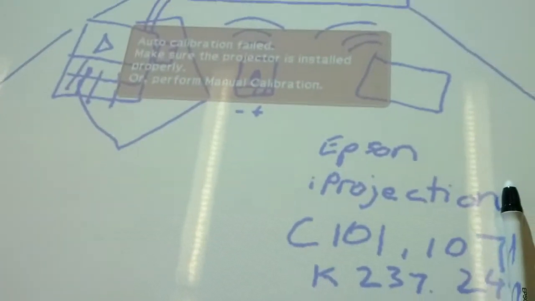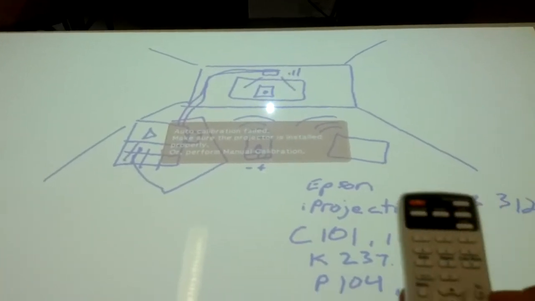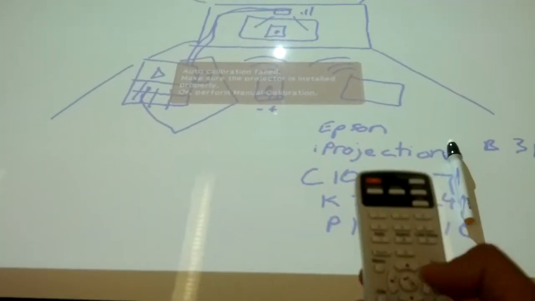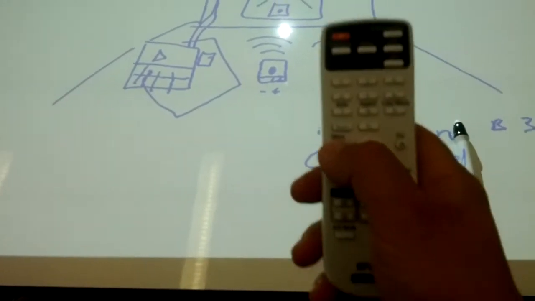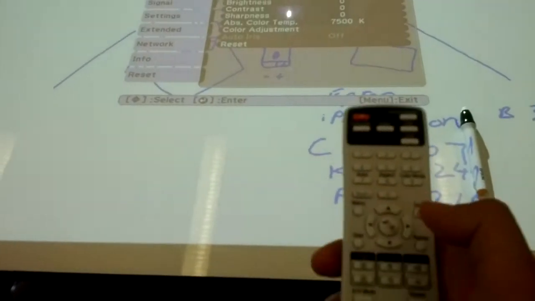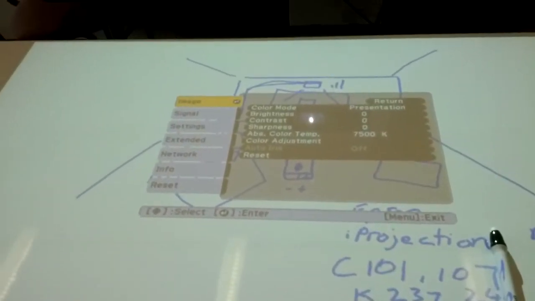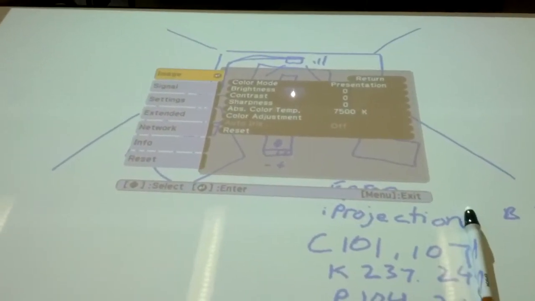So the automatic calibration sometimes might fail, but in those cases what you can do is hit menu, and the reason this one is failing is because I've set it to manual.